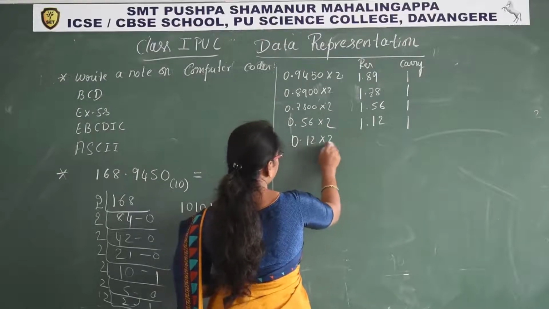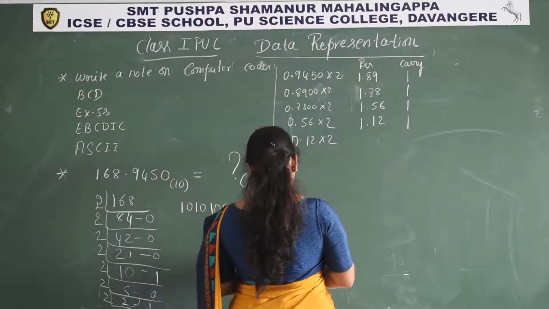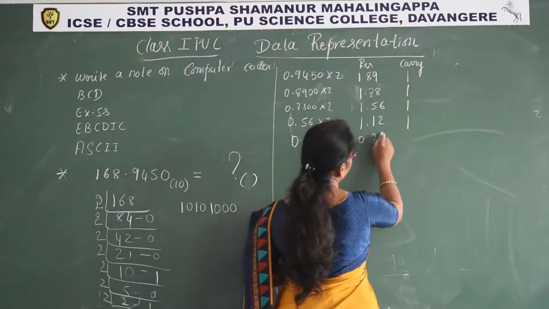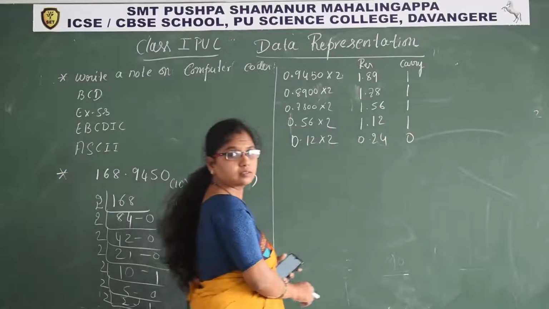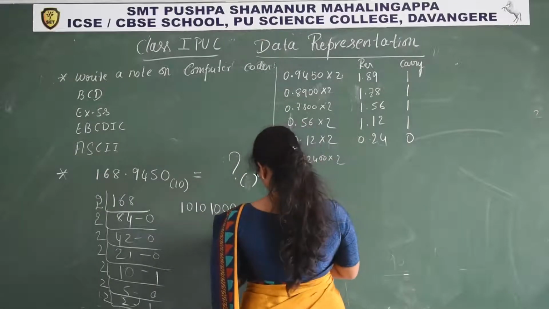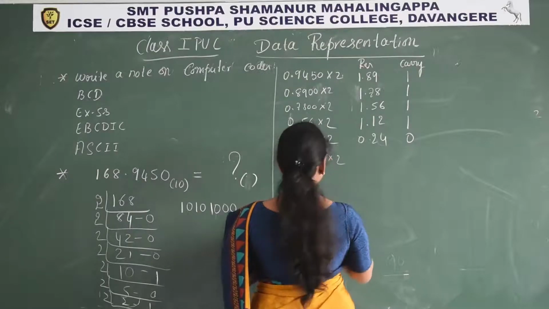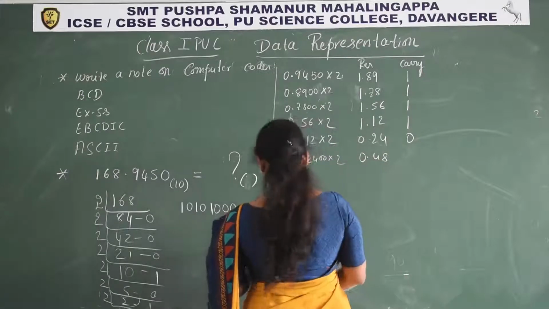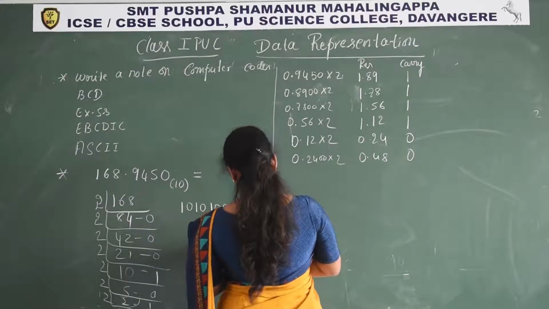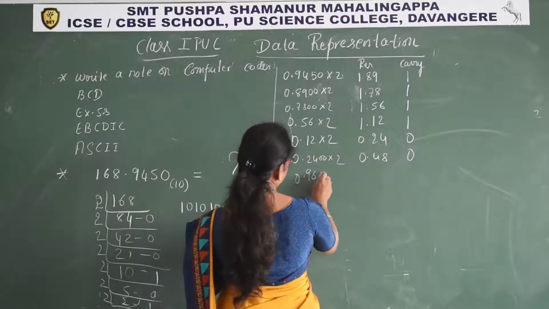0.12 into 2 is 0.24. We get a 0 as a carry. Then 0.24 into 2 is 0.48, 0 is the carry. 0.48 into 2 is 0.96.